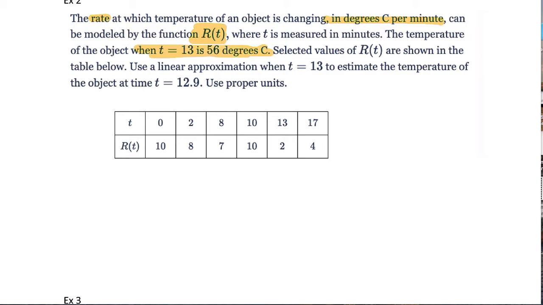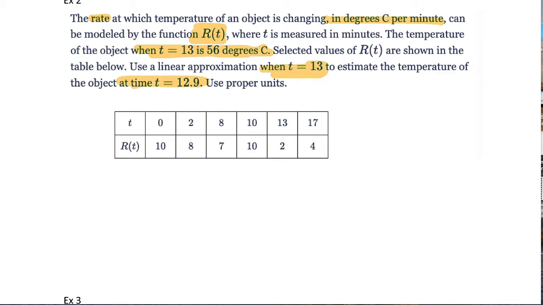Selected values of R of T are shown in the table above. Use the linear approximation when T equals 13 to come up with an estimate for the temperature at T equals 12.9.